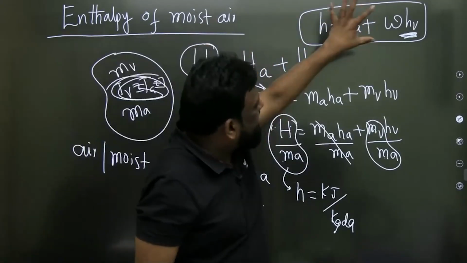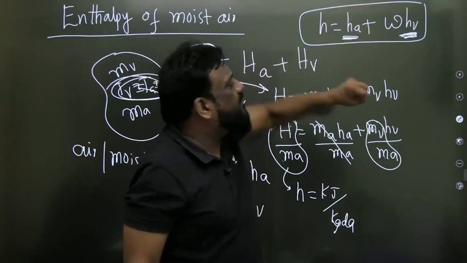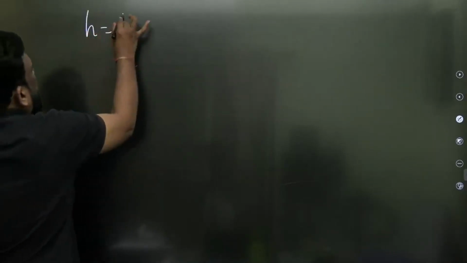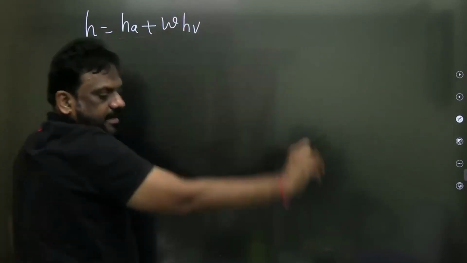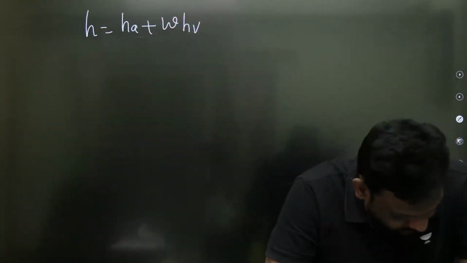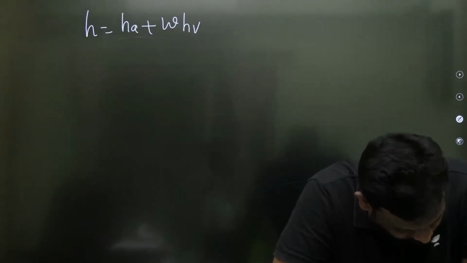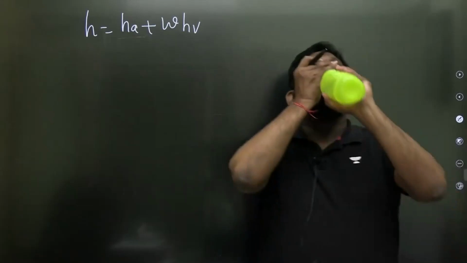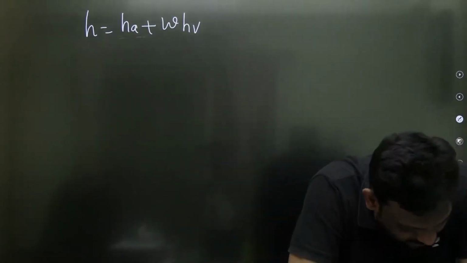So I will take this equation. अरे हम तो फकीर है, ये इक्वेशन लेके चल पड़ेंगे. अब आगे देखो, इस इक्वेशन को लेके आगे चल पड़ेंगे. So h is equal to hA plus omega hV. अरे बाबा, are we clear? नहीं आया सर? ओके सर, ओके सर.